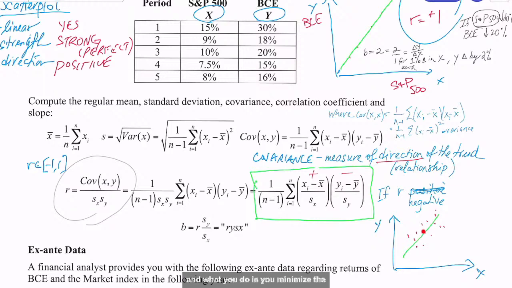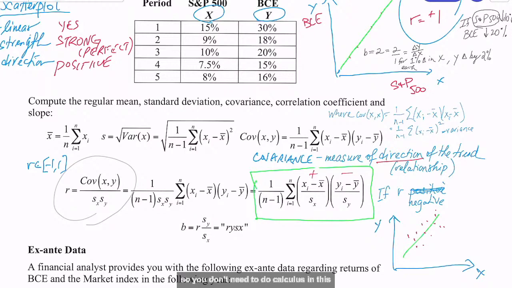And what you do is you minimize the distance between the points and the line. And the best line will be the one that does that best. Okay, it's the best fit to minimize. And essentially what you're doing is you're laying it down so that the distance from the points to the line on the top and the points to the line on the bottom cancel each other out. That's actually what ends up happening.